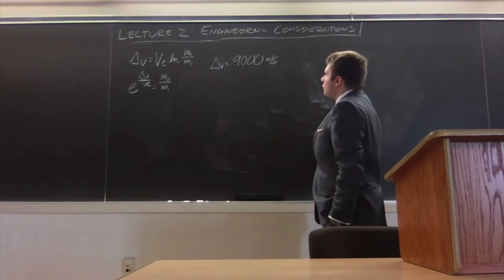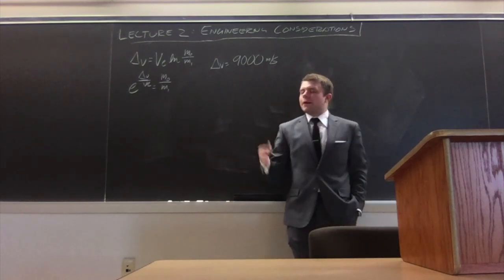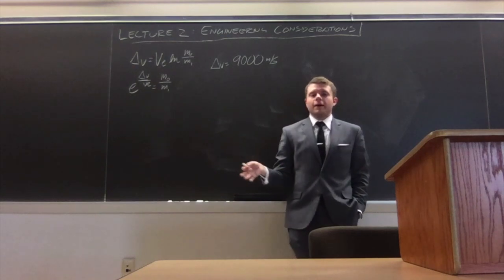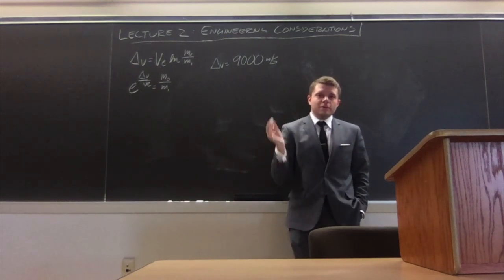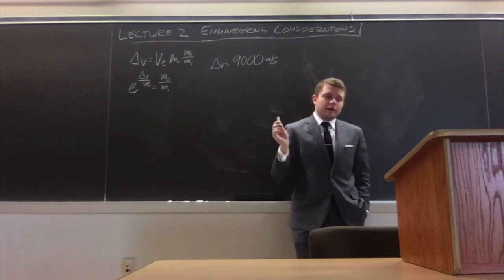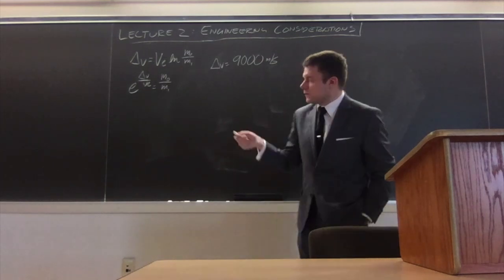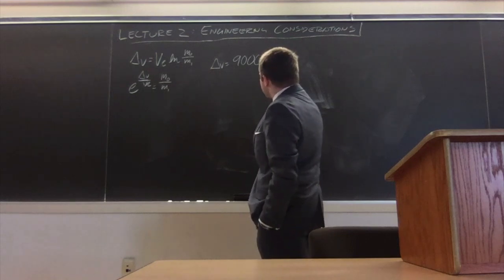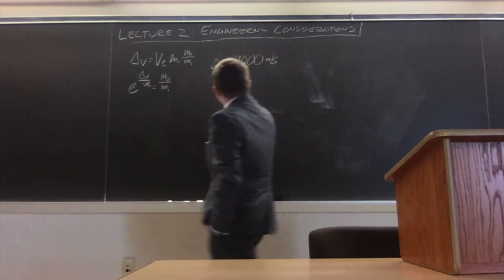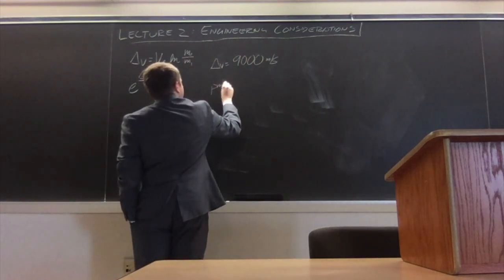Now the question is how do you divide this up? How do you say, okay, we've got 9,000 meters per second of this pie. What do we do with it? The most efficient way that I found to do it in my own research, which has been backed up by experimental testing and simulations, is you partition it as a function of propellant mass fraction and specific impulse.